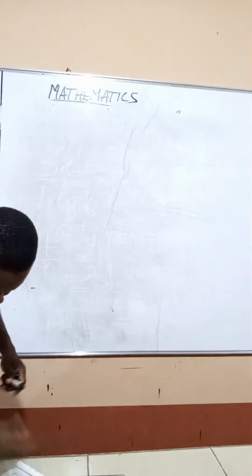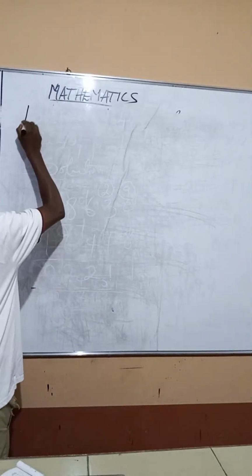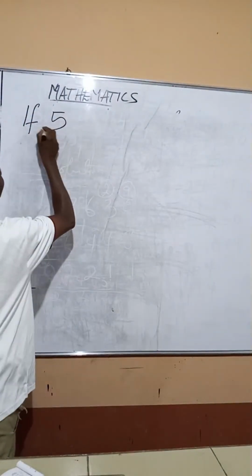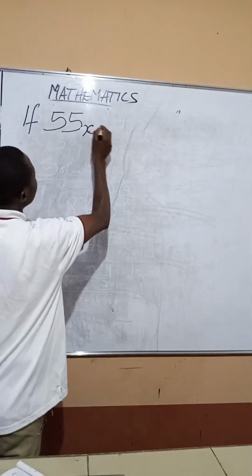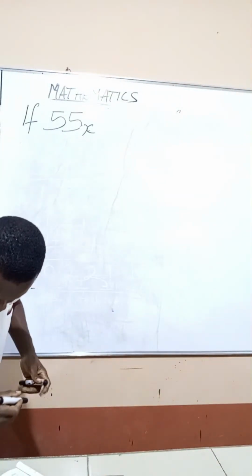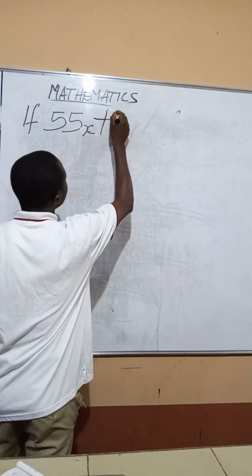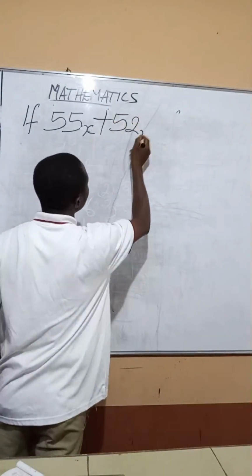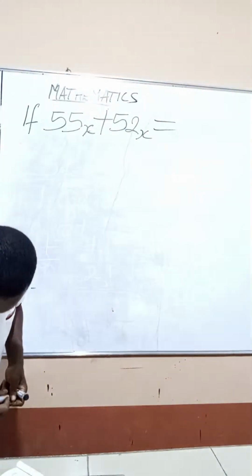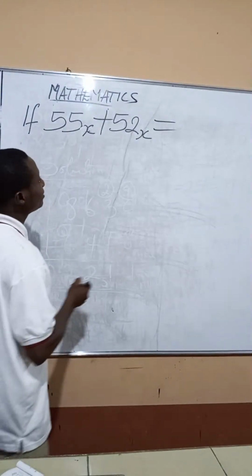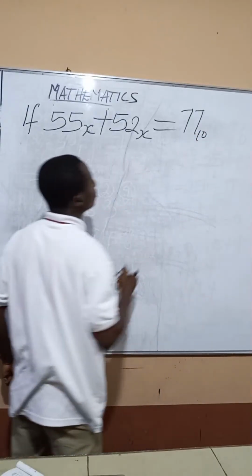Here we are given that 55 to the base of x plus 52 to the base of x is equal to 77 to the base of 10.